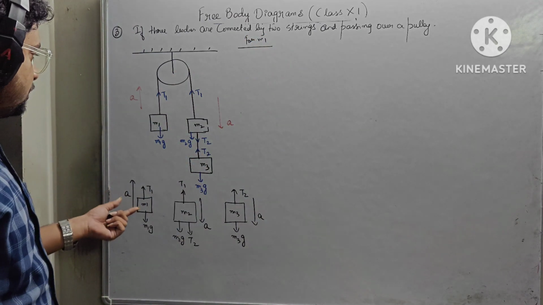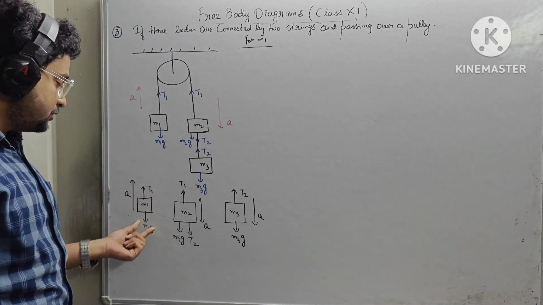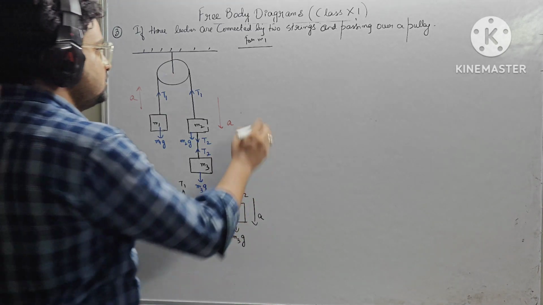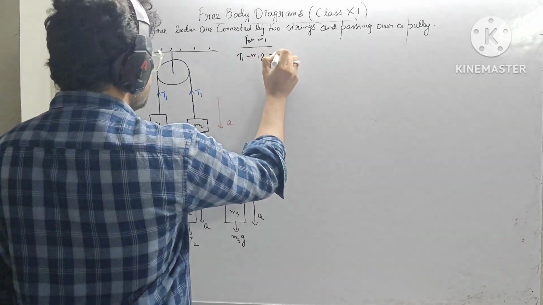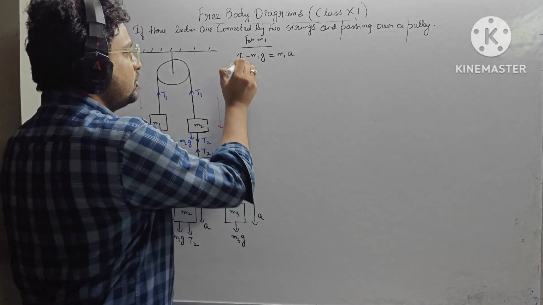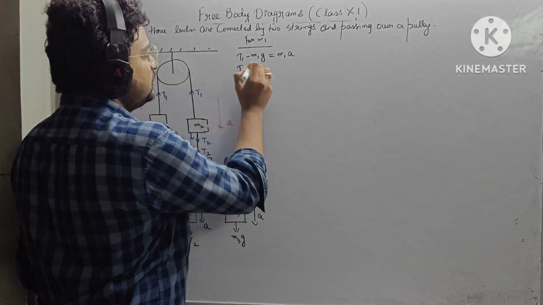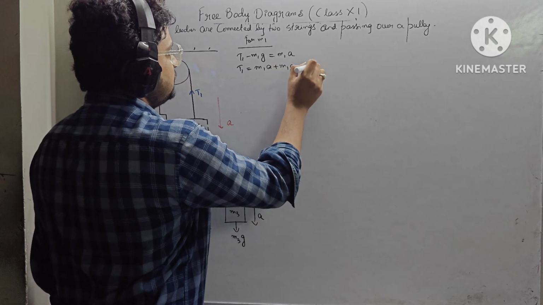For M1, this is going up, so T1 must be greater. So the resultant force is T1 minus M1G. So T1 minus M1G equals mass into acceleration. Fine. So from here let us find out T1. T1 will be M1A plus M1G. Equation 1.